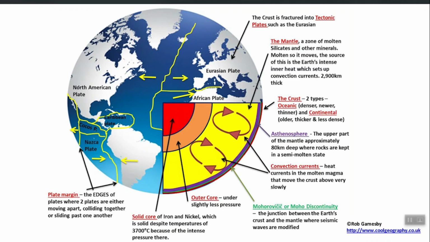Not towards each other, not away from each other, but sliding past. So there can be three types of these plate movements or plate boundaries, right? And now make a picture in your mind that these plates, which are solid pieces of big lands, are resting on the mantle, which is an ocean of liquid rocks, right?